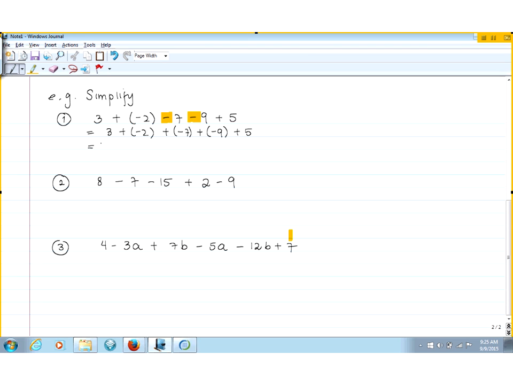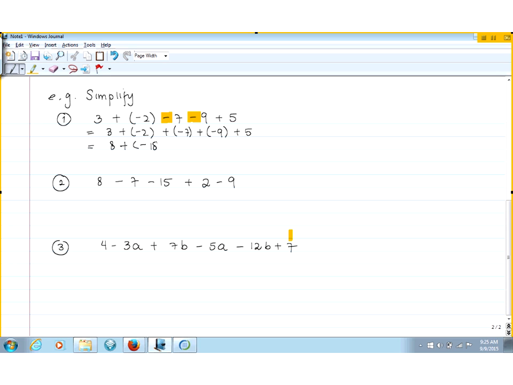Good. Now, what we will do is, what do we do when we have a lot? We will add the positives, and then we will add the negatives, and then at the end, add the result. So what's the positives here? 3 plus 5, which is 8. Now, what are all the negatives? 2, so we know it will be negative. 2 plus 7 plus 9.